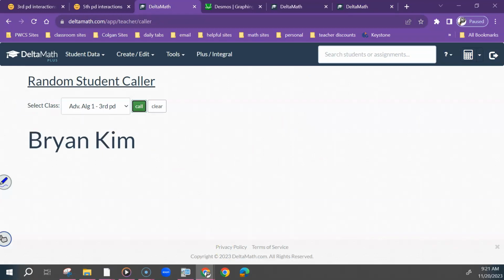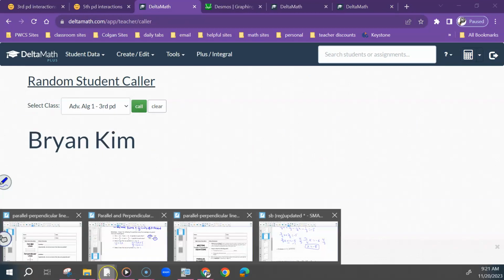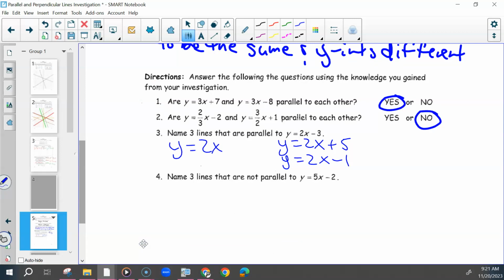Here, Brian. Give me a line, an equation that is not parallel to this. So the slope can be anything that's not 5.